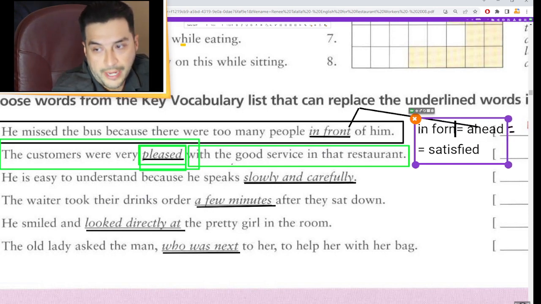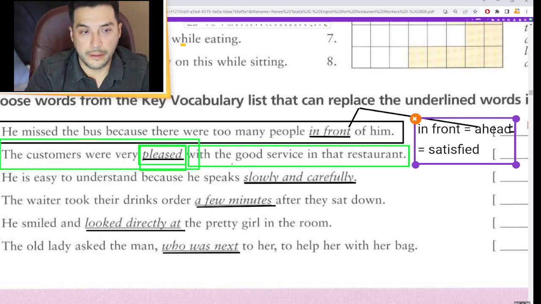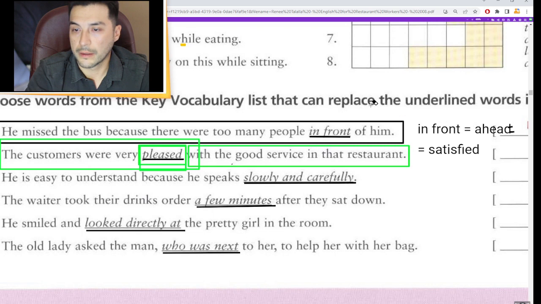In front, right? From the underline. Right here, guys. In front, right? Number 1. So in my notebook, in front equals ahead. Pleased equals satisfied.